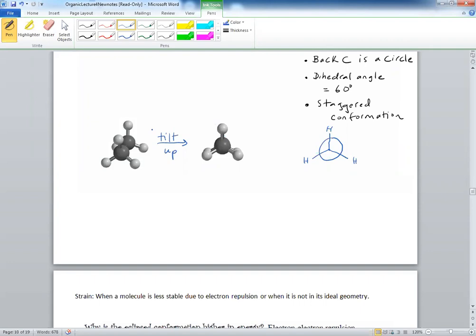Now, to do the ones in the back that are not shown, what you do is you kind of want to give it an angle, although there is no angle, but we do that for the sake of showing that this is an eclipsed. So what we do here is we kind of move the H in the back that's not shown, like let's say this one right there.